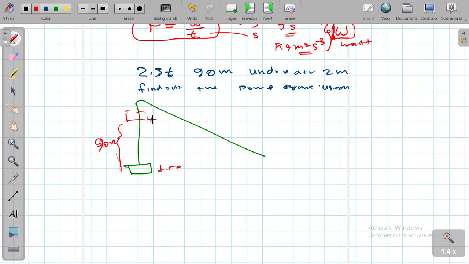At t equals 0, it took some time t, which is 2 minutes, under gravity. So try to find it. What is the power? That's the question. Okay, right.